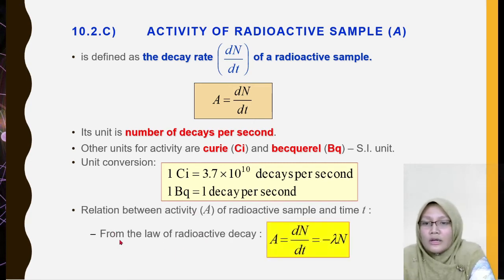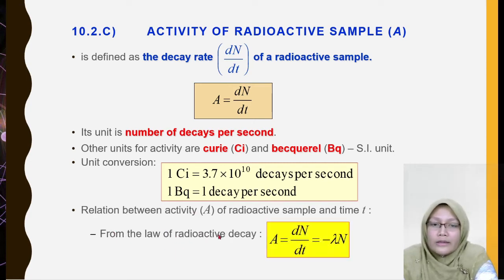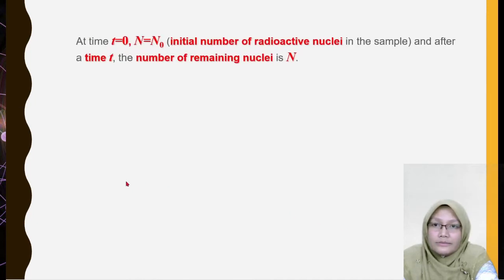Okay, so from the law of radioactive decay, A equal to dN per dt, sama juga activity, sama juga dengan negative lambda N. At time t equal to 0, N equal to N naught. N naught ni adalah initial number of radioactive nuclei in the sample, nuclei yang awal-awal tu.